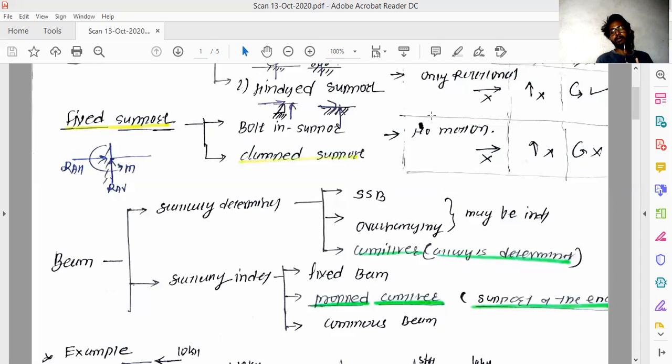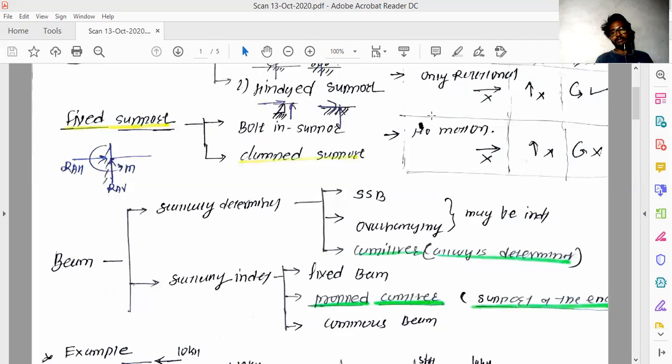Then afterward, the propped cantilever, which we also call a simply supported cantilever. It is a simple cantilever beam, the only difference being it has a support at the free end.